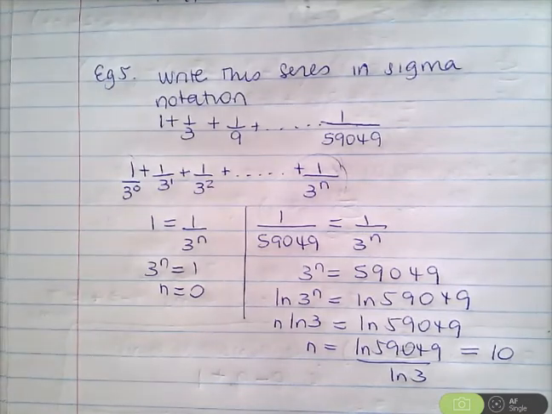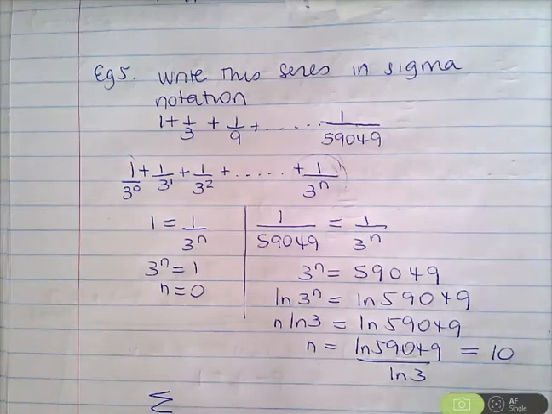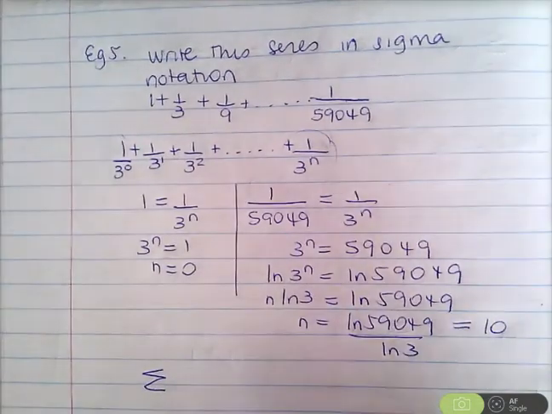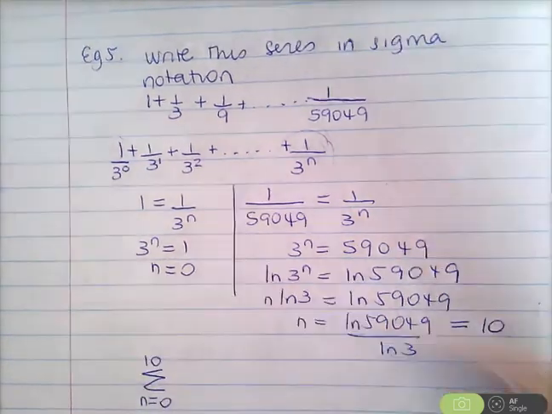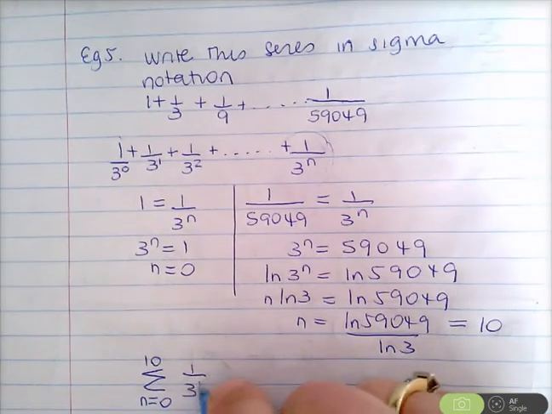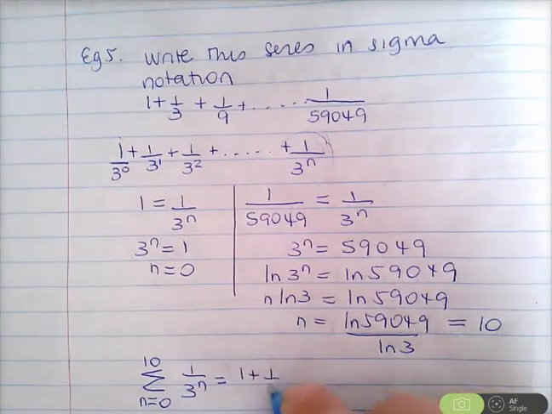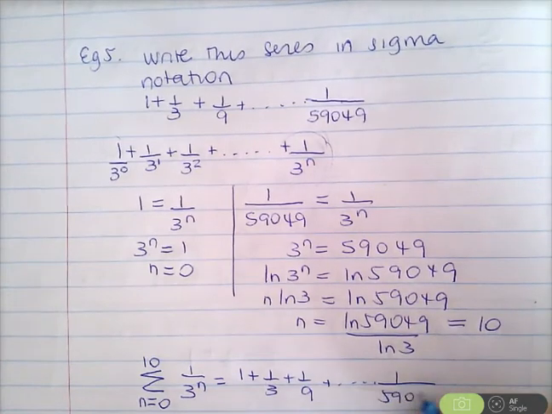And so therefore, this series can be written as, we're starting from n is 0 up to n is 10 of the general term 1 over 3 to the power of n, and that is equal to 1 plus a third plus 1/9 plus up to 1 over 59049.